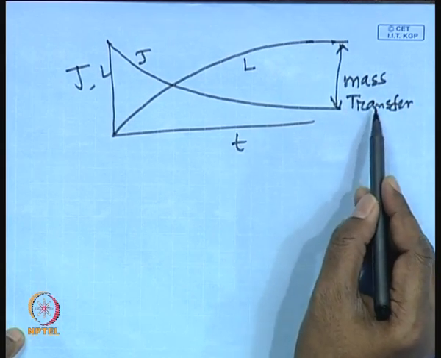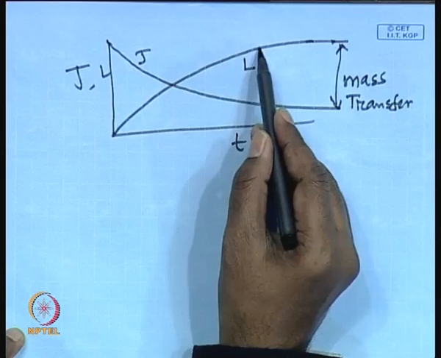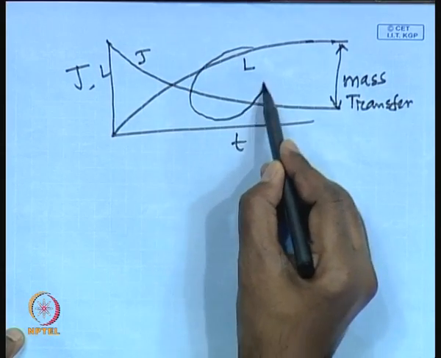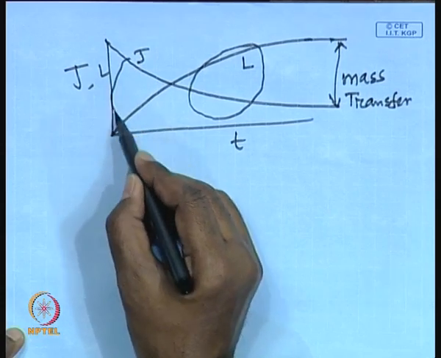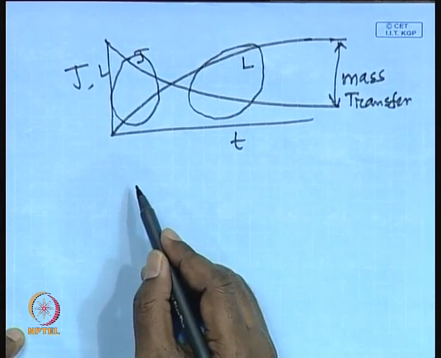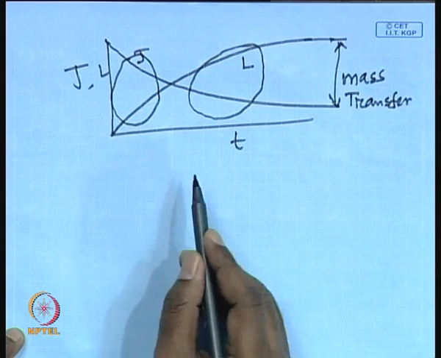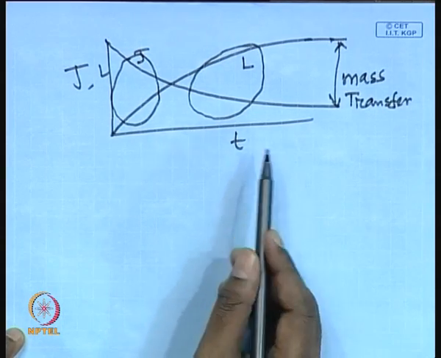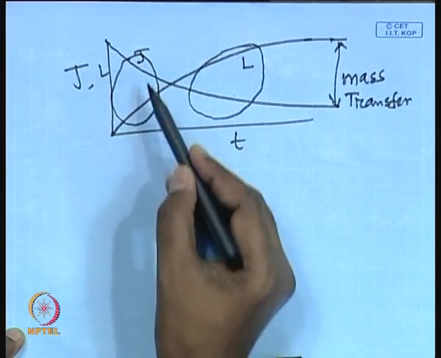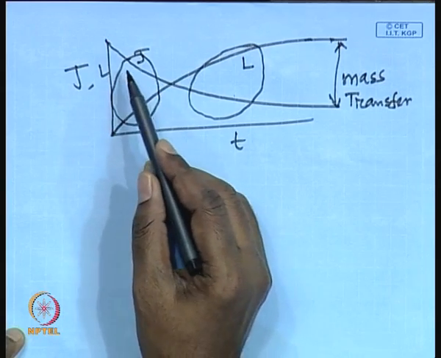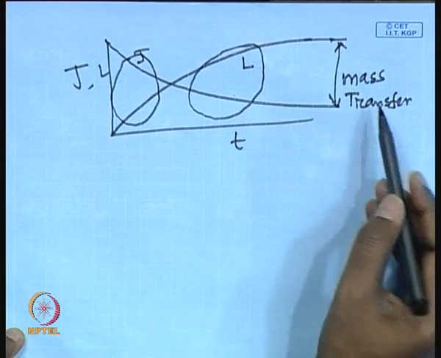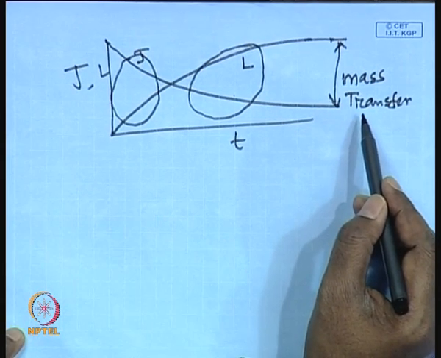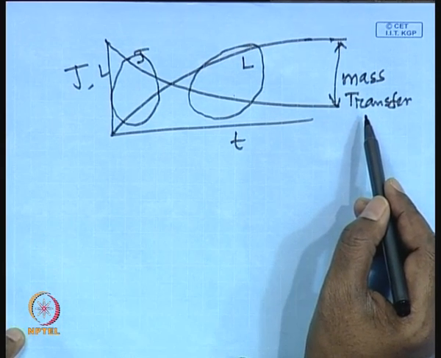So this is a mass transfer dominated region, this in between is the gel dominated region, and initially it is a membrane dominated region. So there are three resistances: the mass transfer, the gel, and the membrane. Initially you have the membrane dominated region, then the gel dominated region, and when the steady state is reached, you get the mass transfer dominated region.